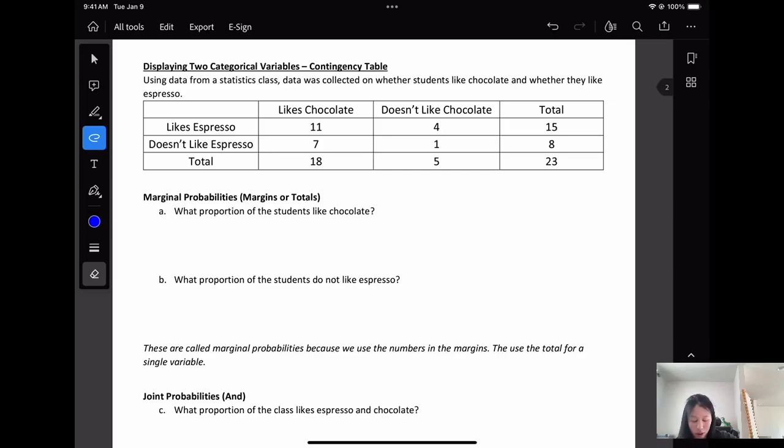For example, 11. What does 11 mean here? Among the students we surveyed, 11 of them liked chocolate and espresso.